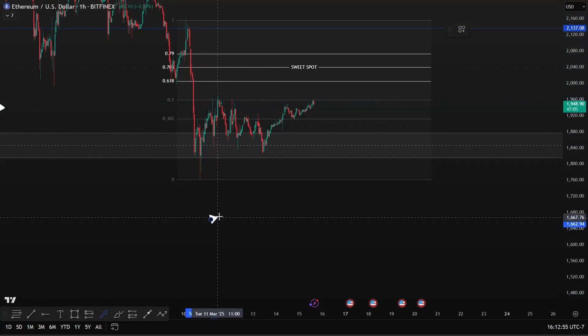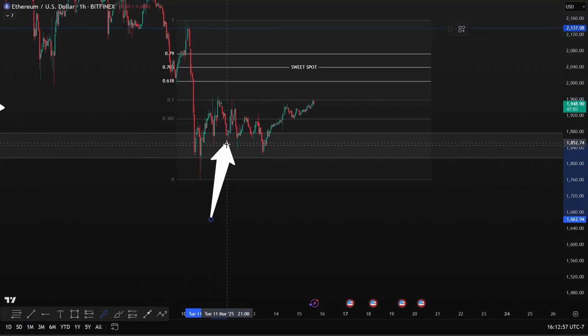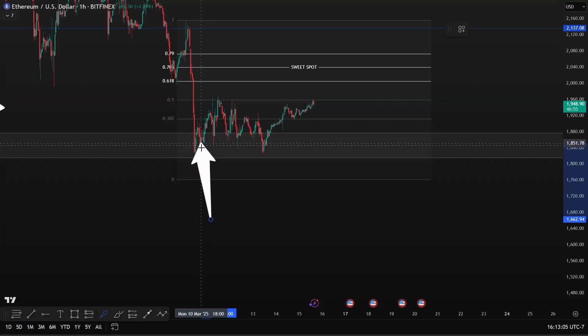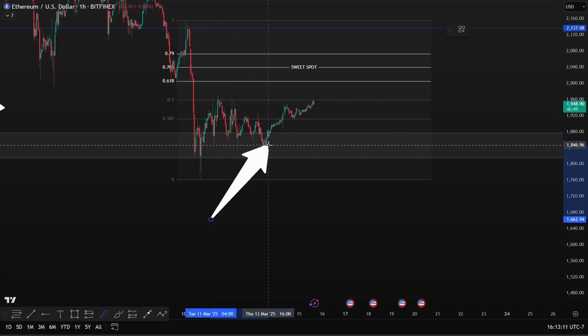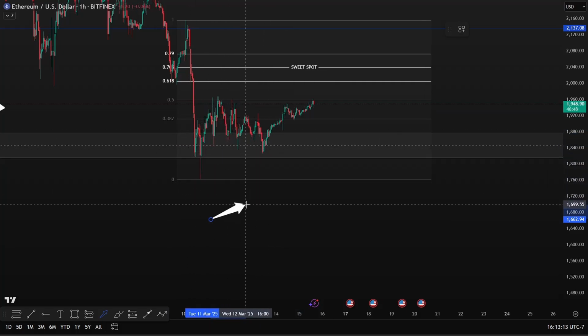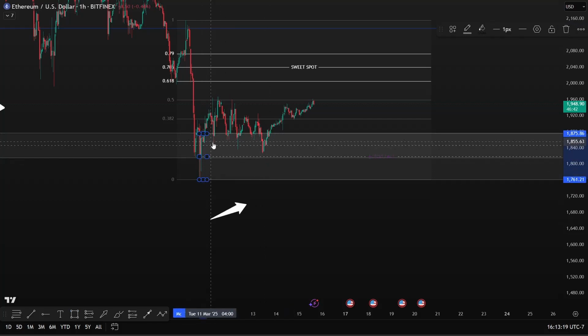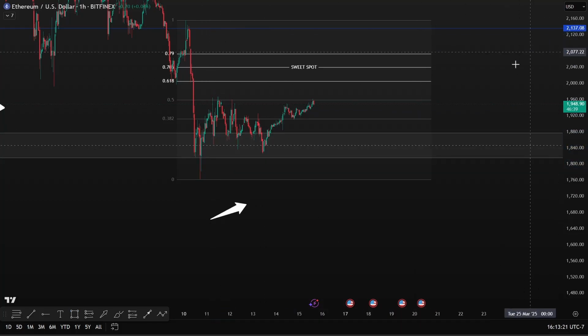So price swept here, it came up, it swept again, took out these lows here into this 1-hour order block, right? This is the down candle that caused price to move up. So if you extend that across, which we can do now, basically from this level to this level, we see price comes into it, right?